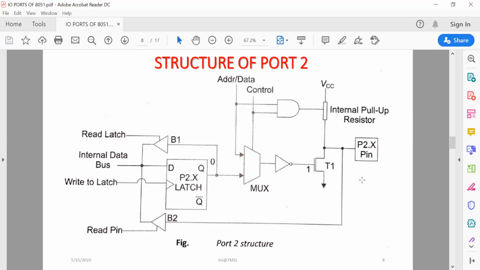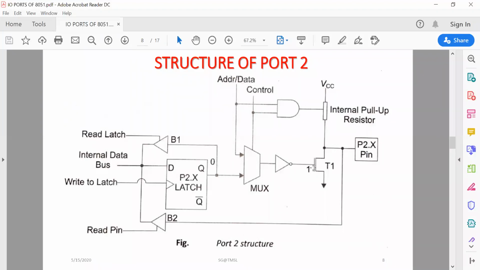Now when it is supplying the higher order address signals A8 to A15, the internal control signals connect the address lines to the gate of T1 through this inverter. Now a 0 on this address bit will turn on this T1 and provide 0 on the port pin.